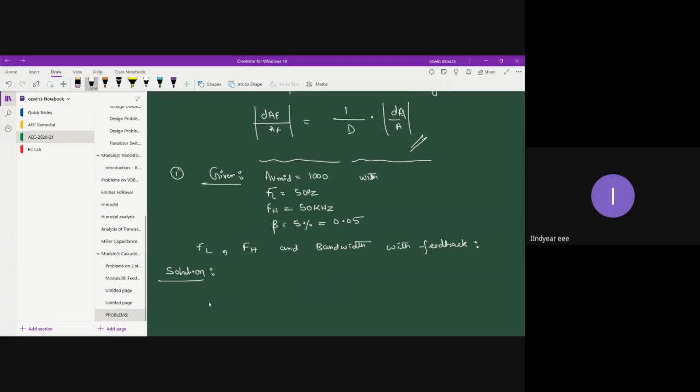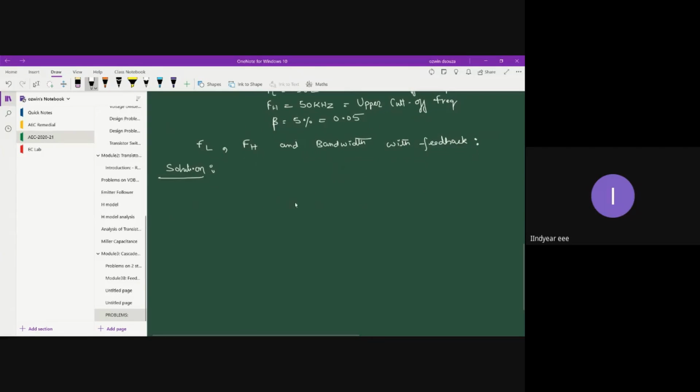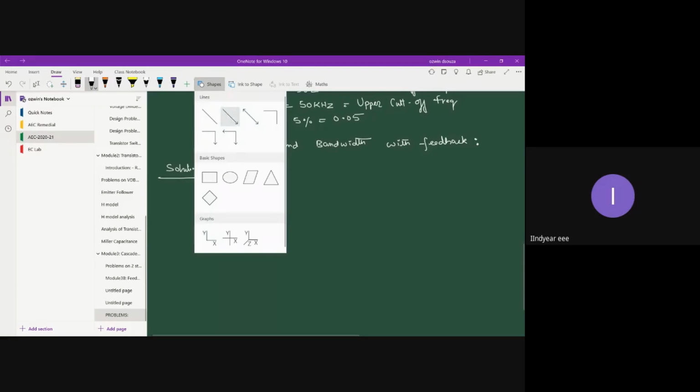All right. So this is the given problem. Mid-band voltage gain is given, which is 1000. FL is given and FH is given. What is FL? FL is the lower cutoff frequency, and FH is the upper or higher cutoff frequency.